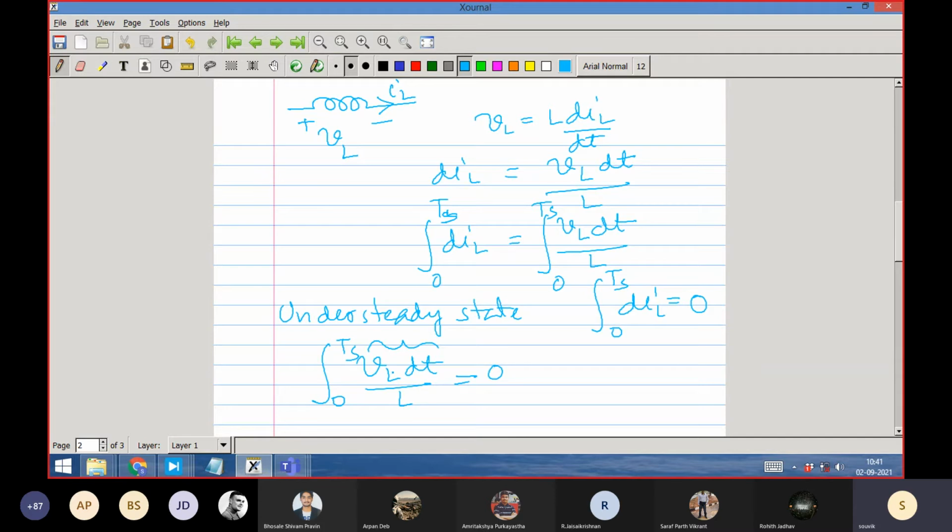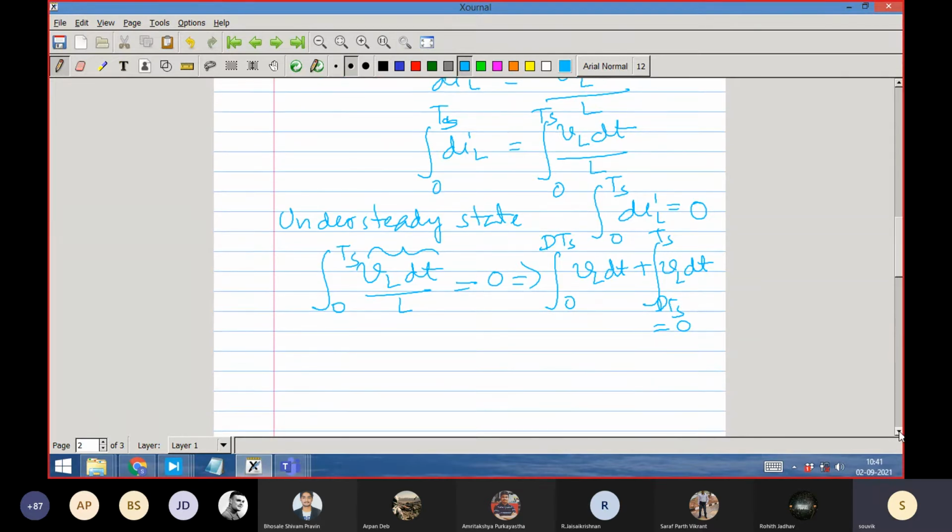L doesn't matter, so I am removing L. What I am saying is that L is assumed to be constant, so there is no question of bringing it into the integration. So the integral of VL dt from 0 to dTs, where dTs is the on time, plus the integral of VL dt from dTs to Ts must be equal to 0. So what is the philosophy that it is describing?